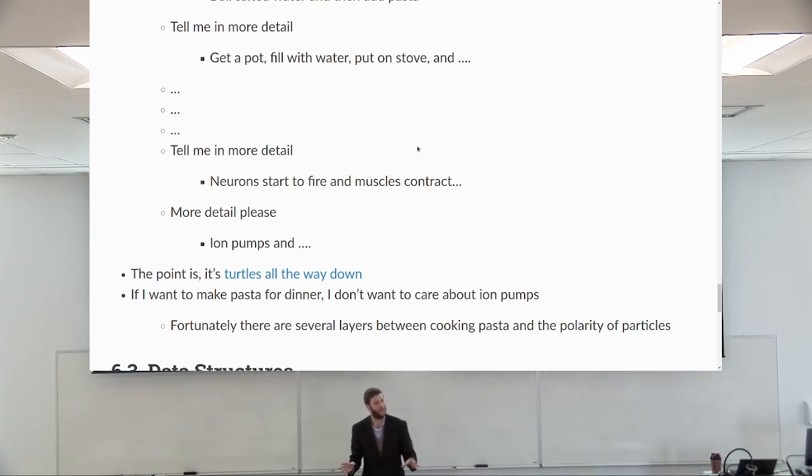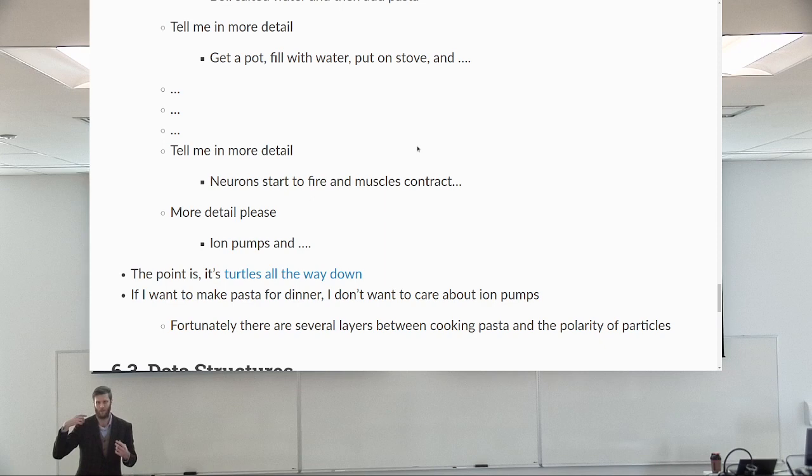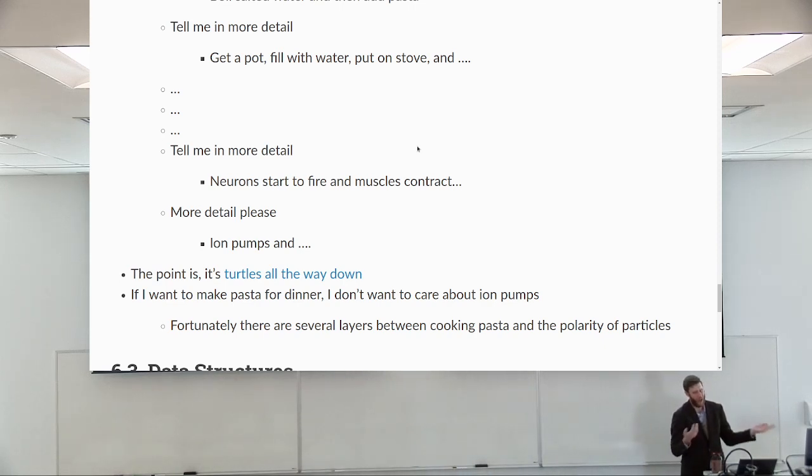Thank God there's layers of abstraction, several layers of abstraction between me having to worry about ion pumps and making spaghetti. Right? There's a lot of layers of abstraction. That's a good thing. But at the end of the day, someone or something had to care about ion pumps.